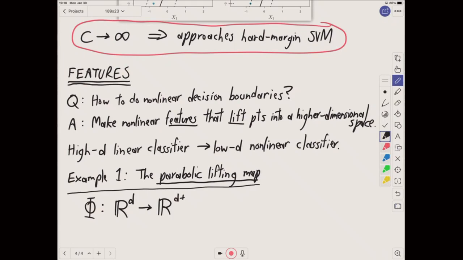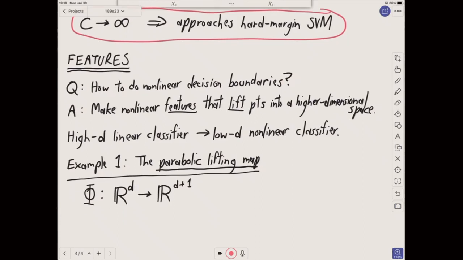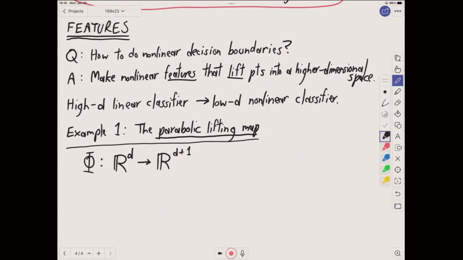In this case, I'm going to append just one new feature, and the actual function phi for the parabolic lifting map takes in a training point or a test point x and outputs the vector with one extra number added to the end, which is the length of the original vector.